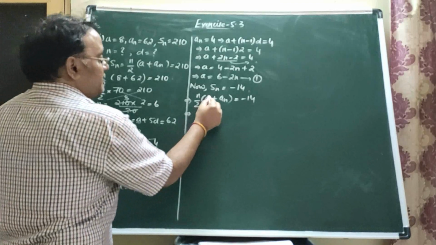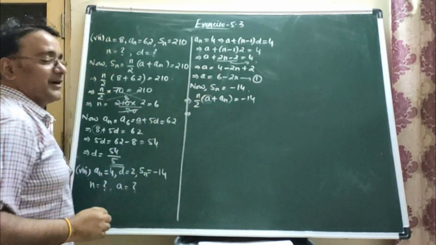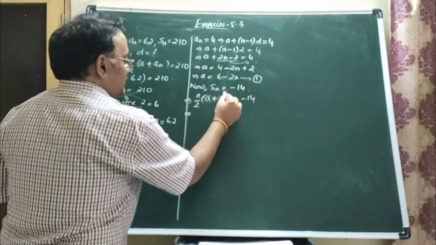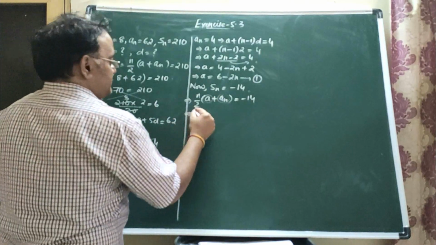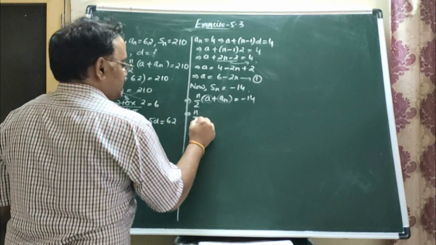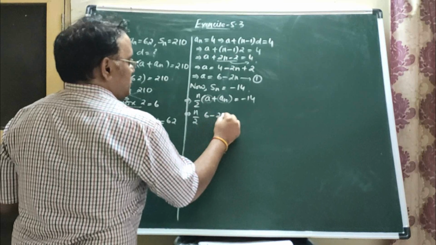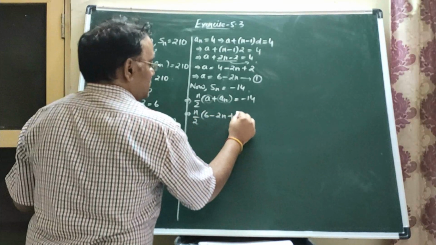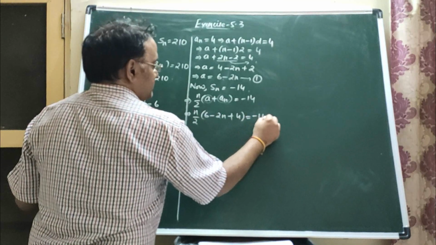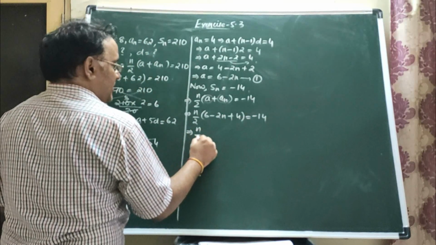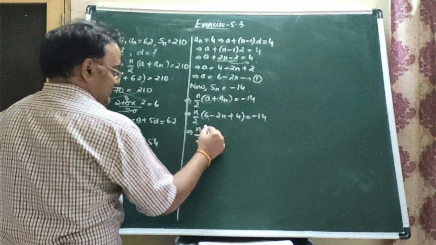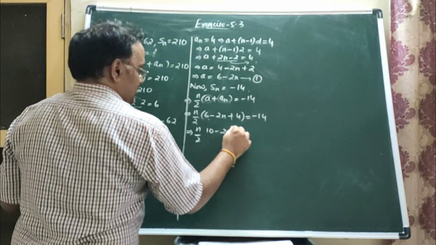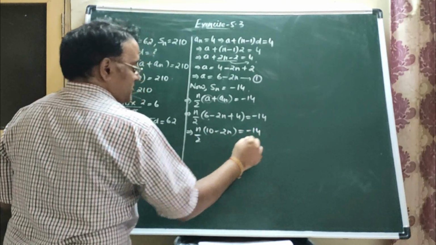Okay, now substitute the value of a, that is 6 minus 2n, and an, that is 4. So what we are going to get? (6 minus 2n), और यहाँ पे an 4 है, we'll substitute 4. n by 2, 6 plus 4 will be 10. Minus 2n is equals to minus 14.